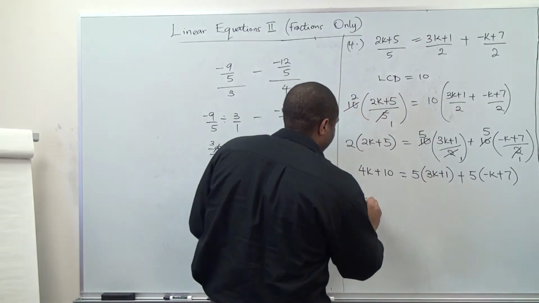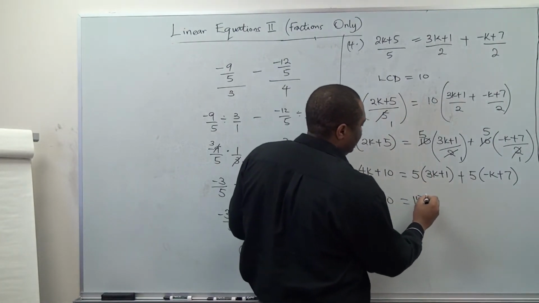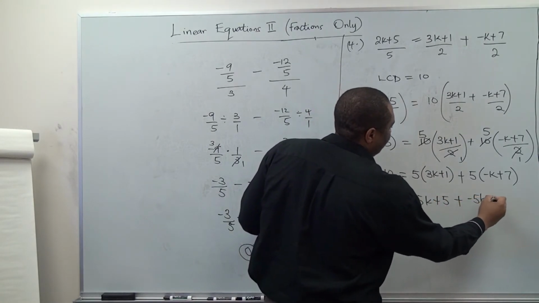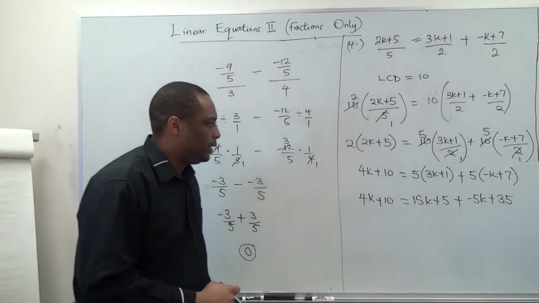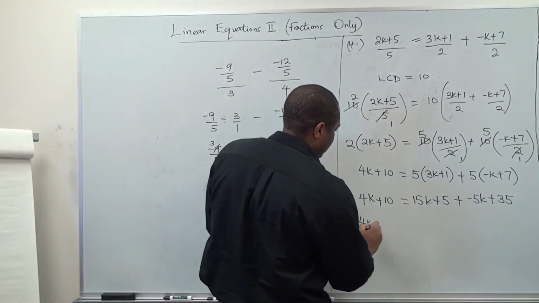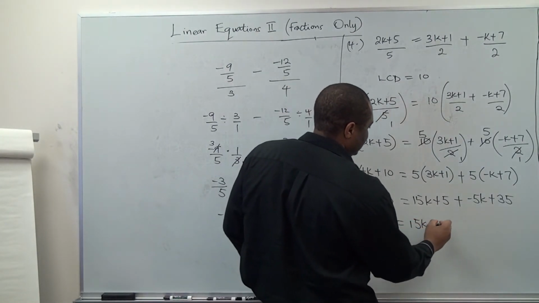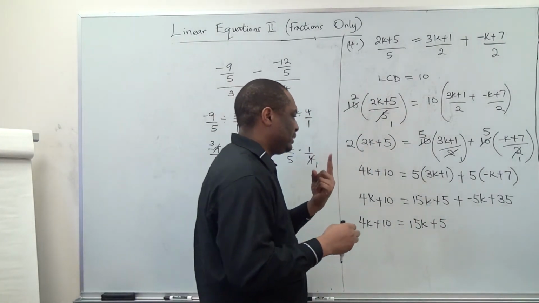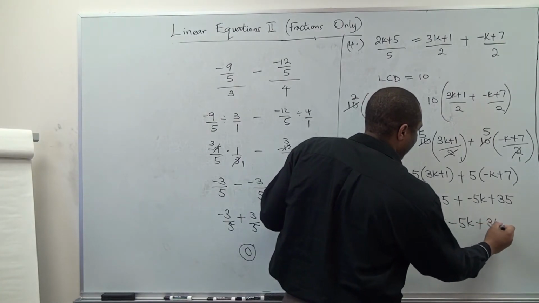So this is 4k + 10 equal to, distribute, 15k + 5 plus negative 5k + 35. When you see two signs together, make it one sign. Minus 5k + 35.